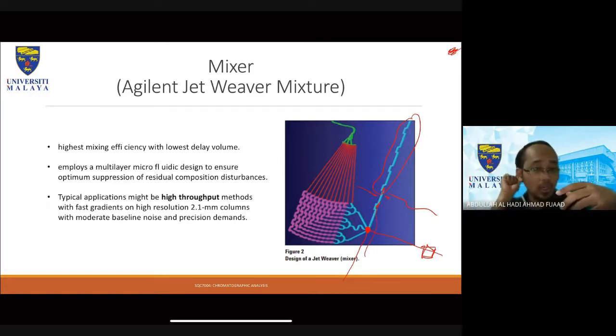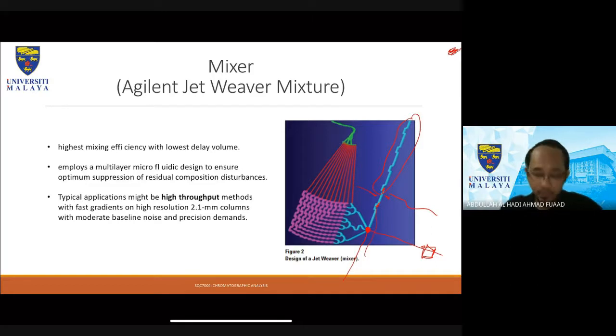So having a system that does not have a mixing system or valve moving parts, you can definitely reduce the risk of needing to spend more money to replace a component of your HPLC system. Okay. All right, next one.